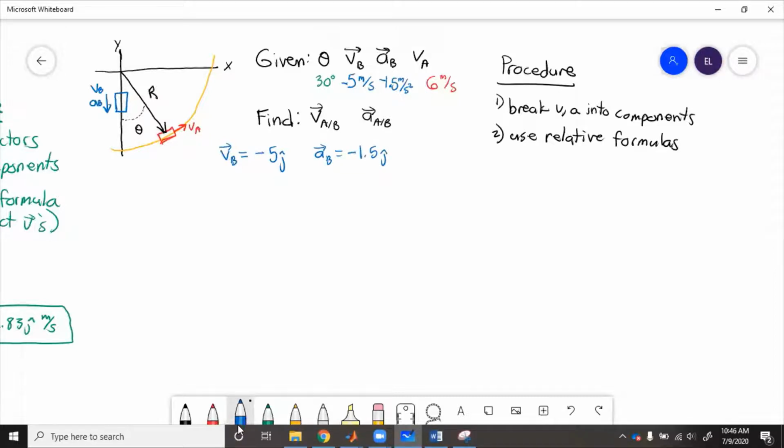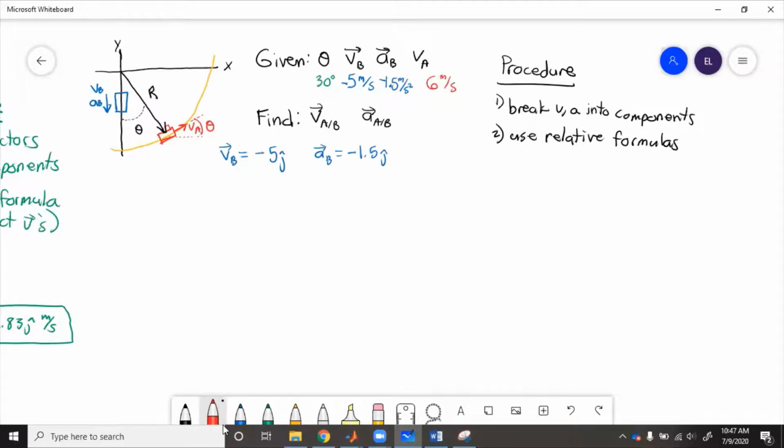Now A is a little less straightforward, but still not too bad. We know this angle right here is 30 degrees. And we know that velocity is always tangent to the curve. This is a right angle, which means that this angle is also theta.